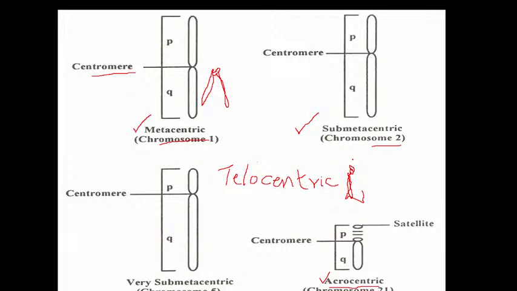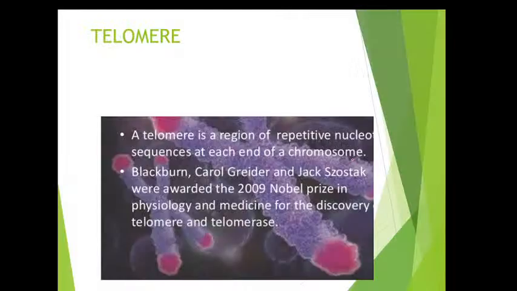Then next is the telomere. The centromere is the central portion of the chromosome, but the telomere is the tip of the chromosome. In this picture I have shown the chromosome tip in pink color.